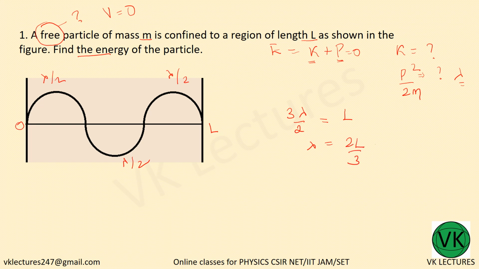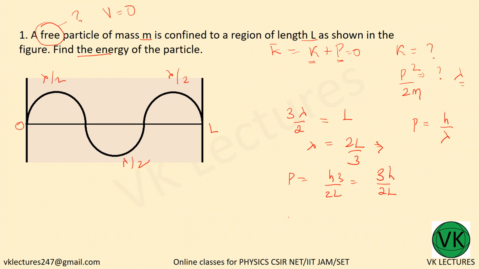Now what is p? p is equal to h by lambda, that is h divided by 2L by 3, which is 3h divided by 2L.